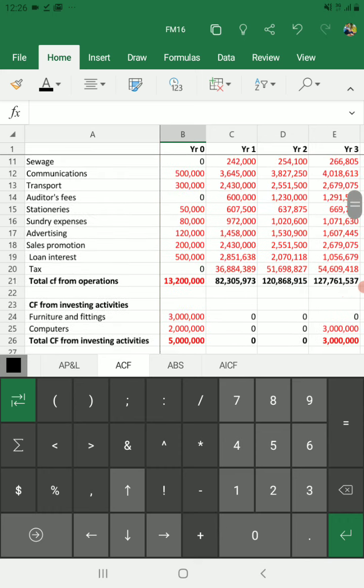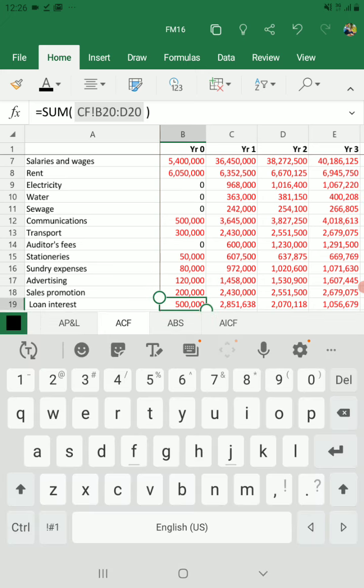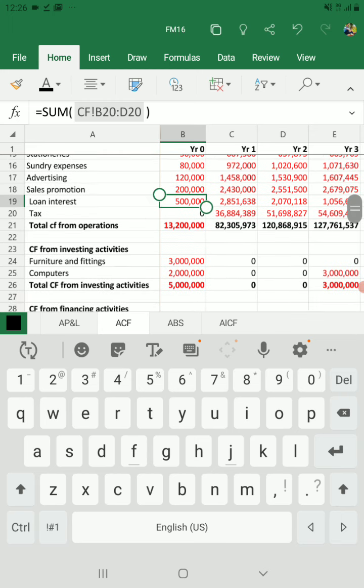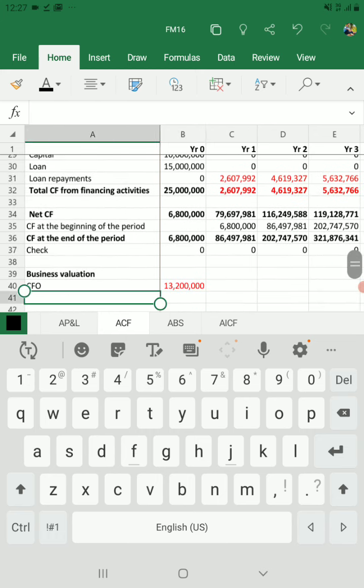But this cash flow from operations has already deducted loan interest, and this component is the payment for providers of capital, that is loan owners. Okay, so we need to add this back to arrive at the cash flow that is gross of payments to providers of capital within the business. So we add back the interest component.